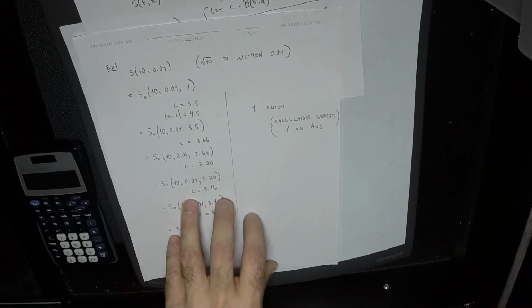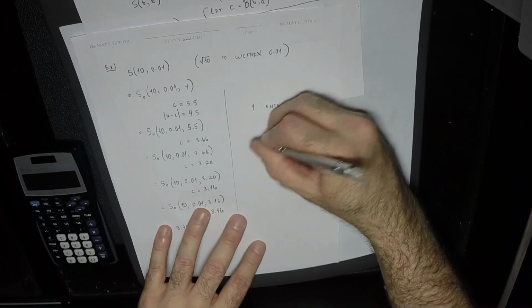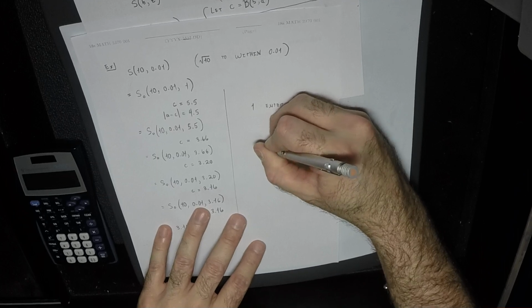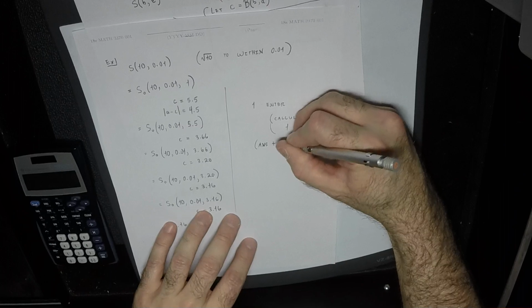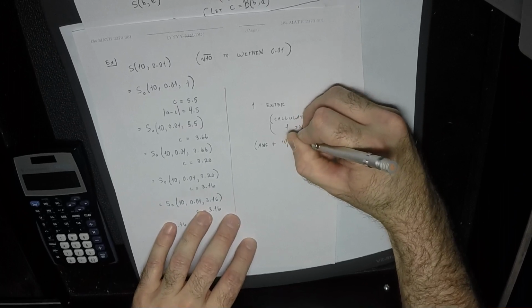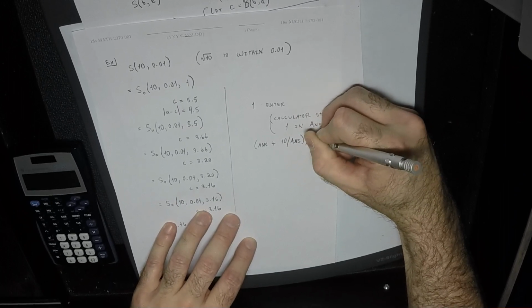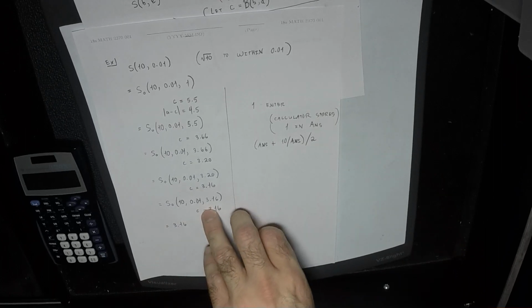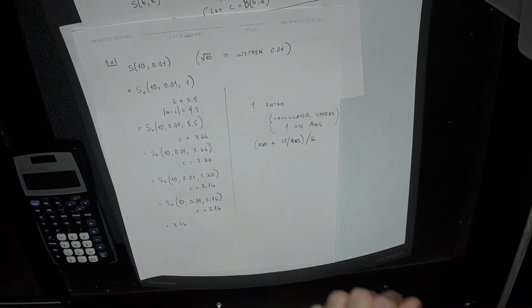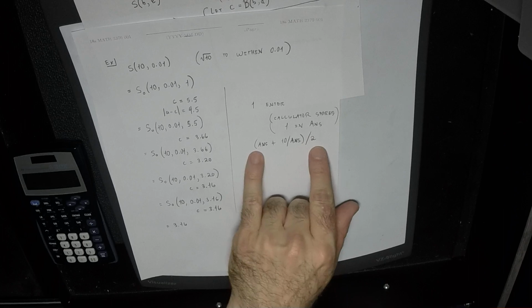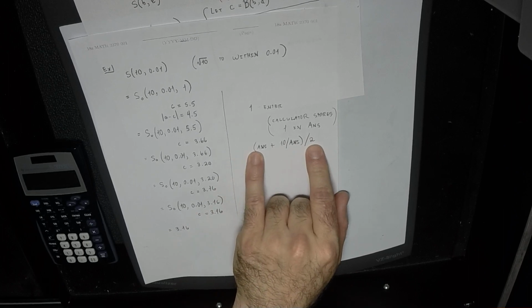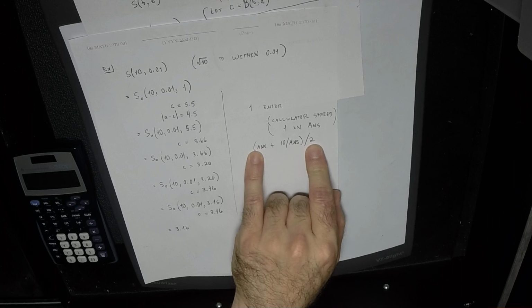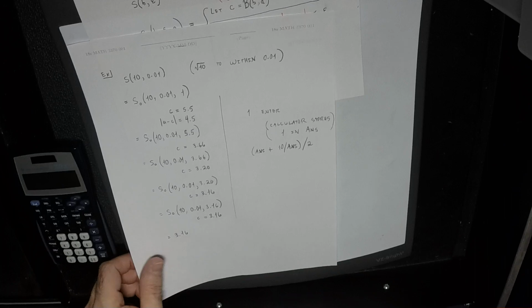And then in the calculator, I type in the following formula: ans plus 10 divided by ans, and then divide by 2, and then I just keep pressing enter, enter, enter. Because when you type this, it calculates this and then does what with that result? Stores it in ans, right? Okay, nice. Any question about this?